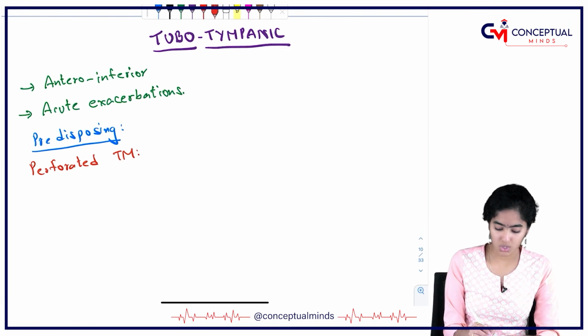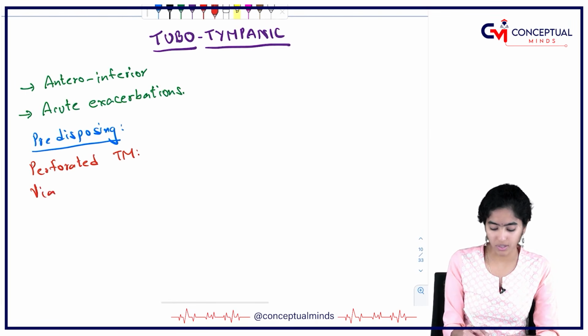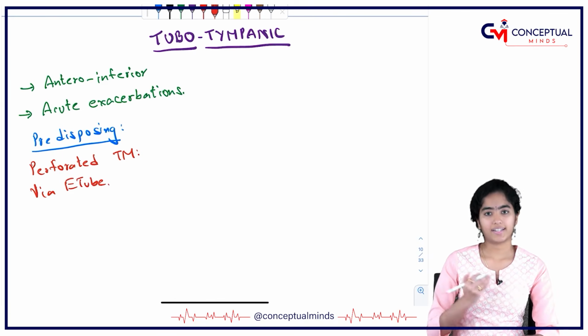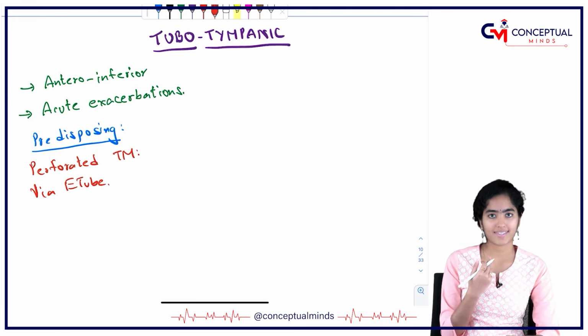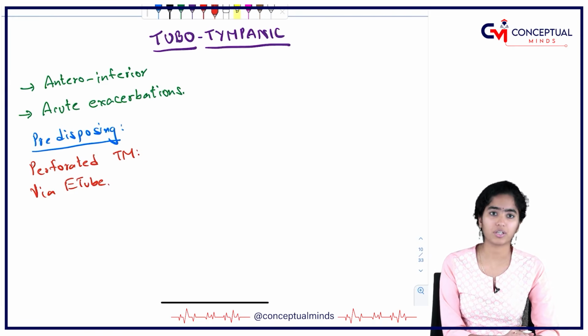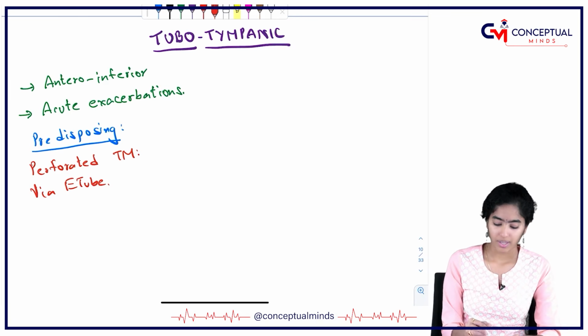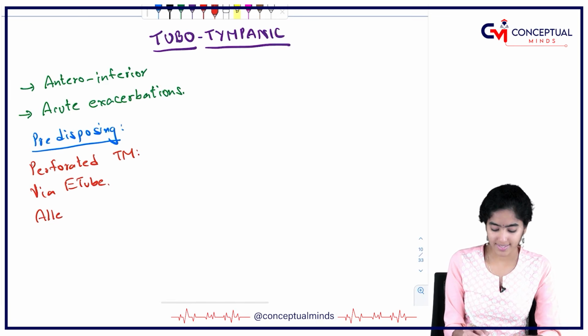The second source of infection is via the eustachian tube. Ascending infections from the tonsils or any pharyngeal infection could travel via the eustachian tube and cause persistent or recurrent otorrhea. And third factor is allergy.